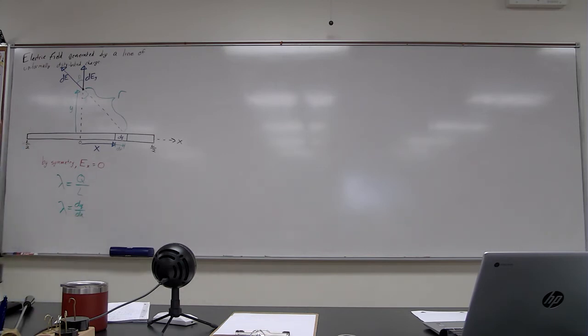And again, dx in this case is not going to be r d theta because it's not a circular arc. It's just a small, straight line segment of wire, which lets us solve for dq in terms of dx rather easily, right? When I see dq, I can just replace it with lambda dx.